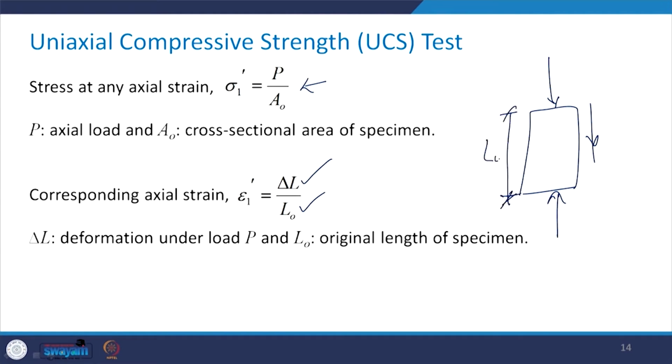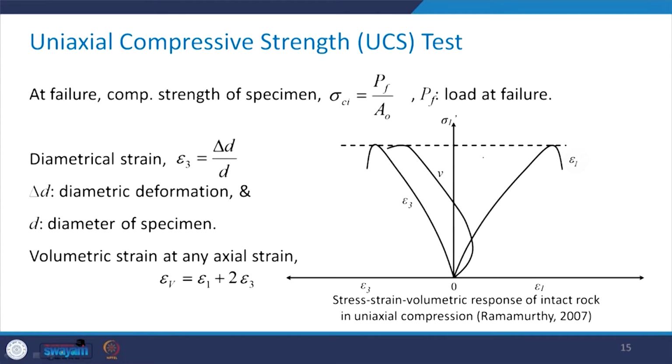That is how you can find the corresponding value of axial strain. Now what happens at failure? We have the failure load P F divided by the cross sectional area, and what we get is the compressive strength of the specimen.